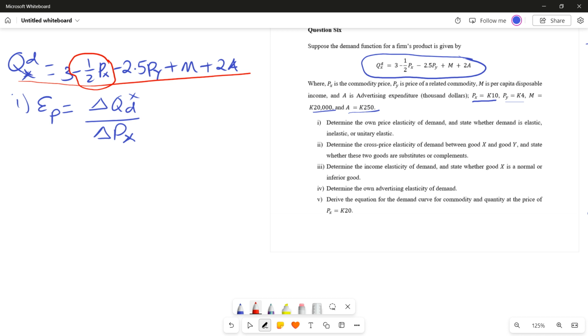This PX means the price of good X. So now we are going to differentiate this function with respect to PX.